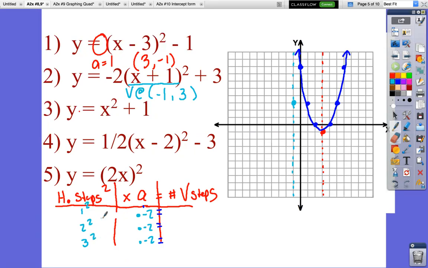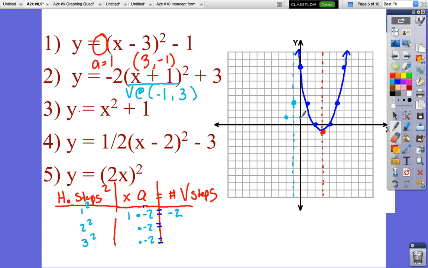What is 1 squared? 1. Times -2 is? -2. So if I take 1 step left or right, I go, and this time it's -2, do I go up 2 or down 2? Down.